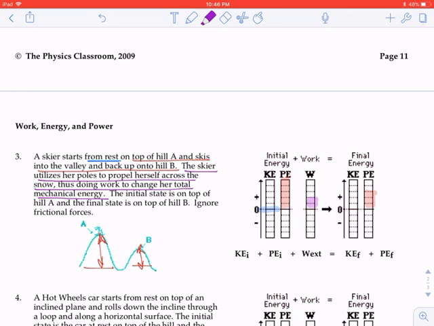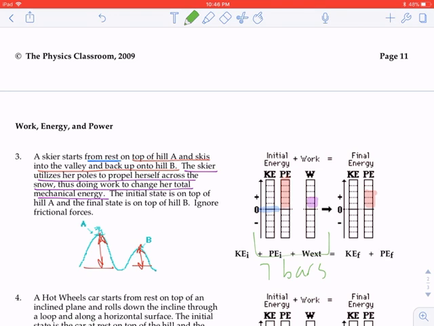Ignore frictional forces. So let's check for balance here. On the left, we have 7 bars. And on the right, we have only 3 bars. So we need 4 additional bars.